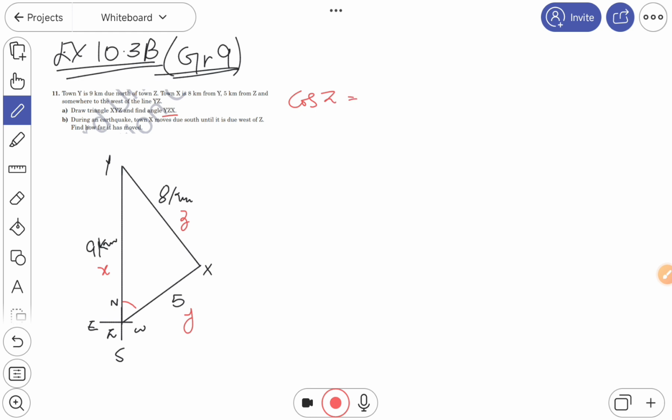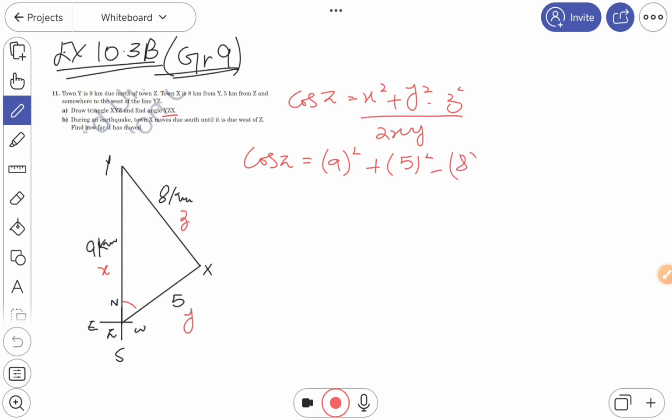Cos Z is equal to x squared plus y squared minus z squared, over 2 times x and y. Now I'm going to put in the values. Cos Z is equal to 9 squared plus 5 squared minus 8 squared, over 2 times 9 times 5.